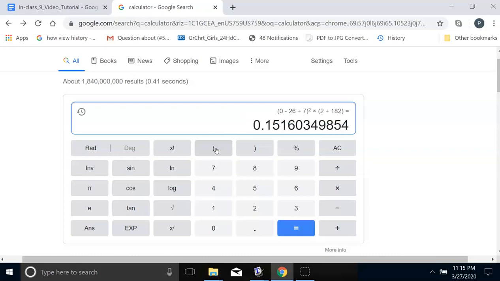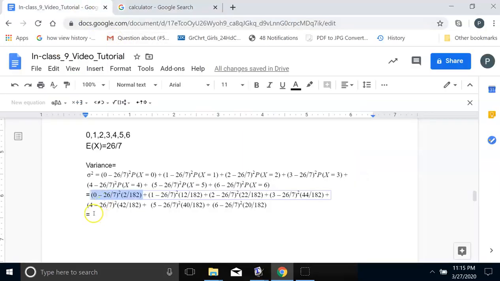So equals 0.1516, I'll round it to the first 4 places. Coming back over here, we'll put down 0.1516.